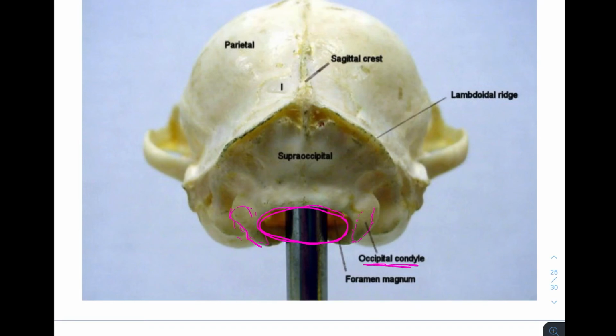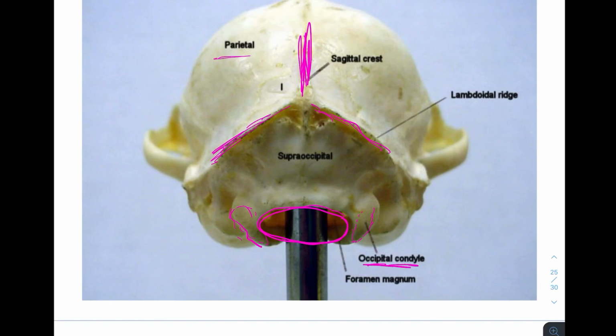And then what we also see here is this sagittal crest, which is down the middle, and then this lambdoid ridge, which is making that lambda shape. If you're familiar with the Greek alphabet, the letter lambda, that's what it looks like. And it's basically where these bones meet.